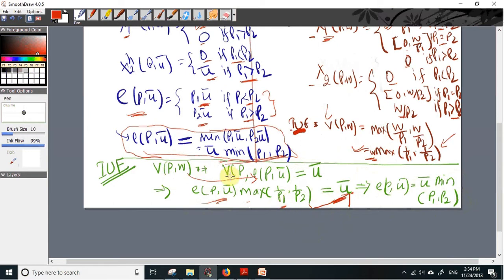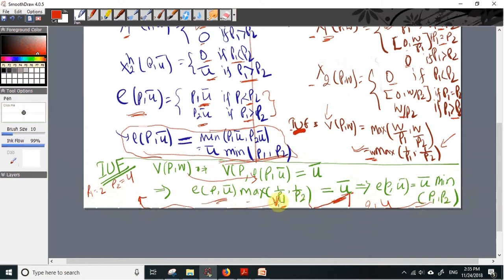To see this, we can consider that suppose P1 equals 2 and P2 equals 4. Now here it becomes 1 over 2 and 1 over 4. Between these two, the higher value is 1 over 2, so this 1 over 2 is chosen, and this 2 goes here, so this is 2 and this P2 is 4.